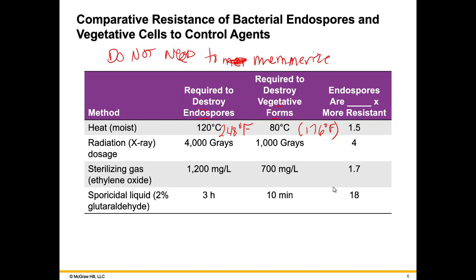All in all, the big idea here is that bacterial spores are hard to kill. And the reason I wrote bacterial up here is I didn't want you to get confused with spores, meaning the type that we talked about when we described fungal reproduction. Okay, so that kind of spore is completely different than what we're talking about now.